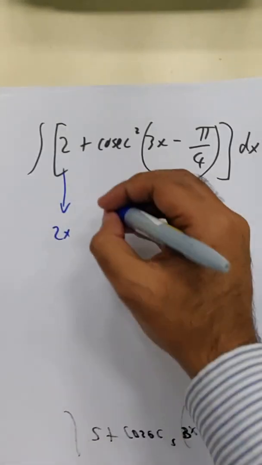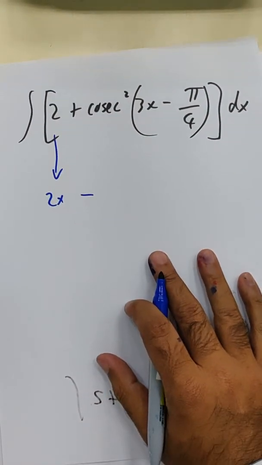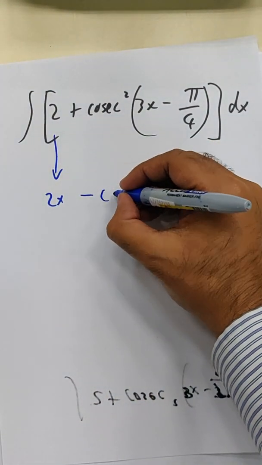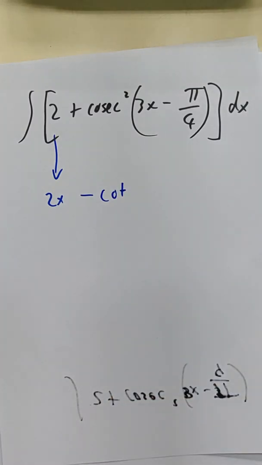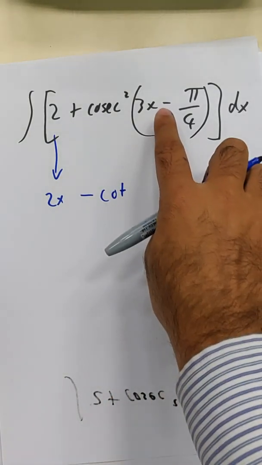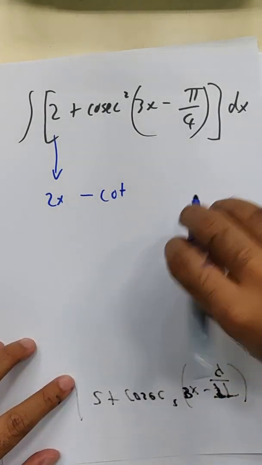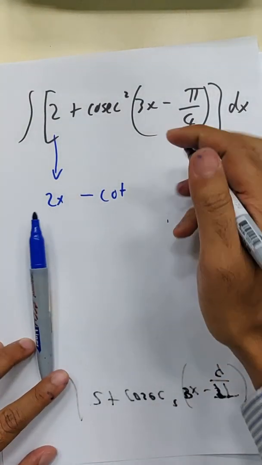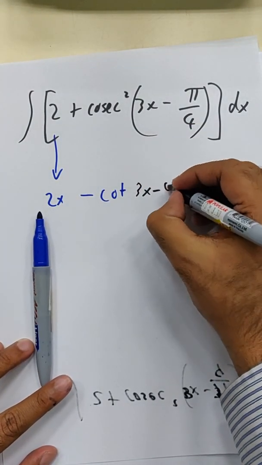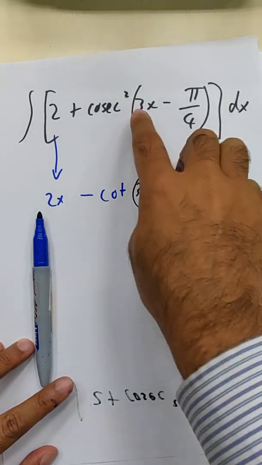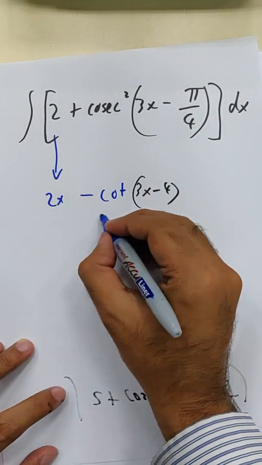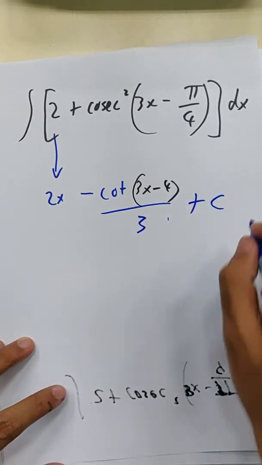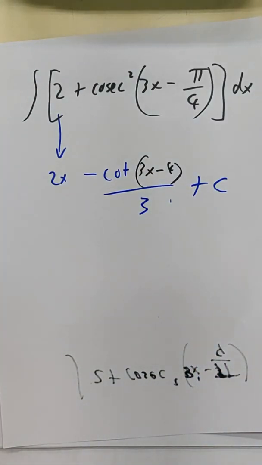So we got ourselves negative cot (3x minus 4), differentiate inside, over 3 plus c. I think that should be enough for today.